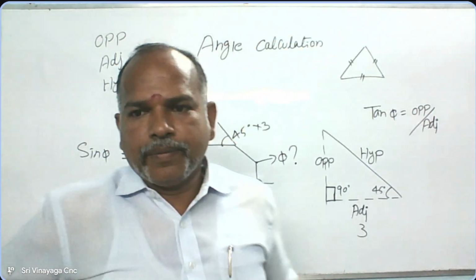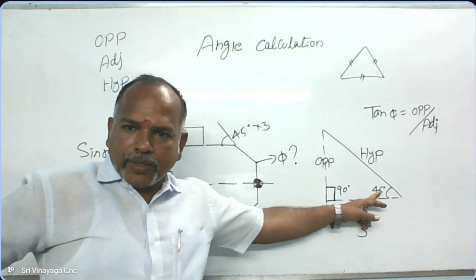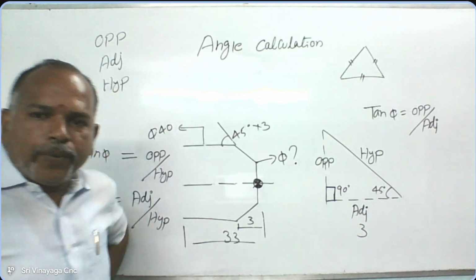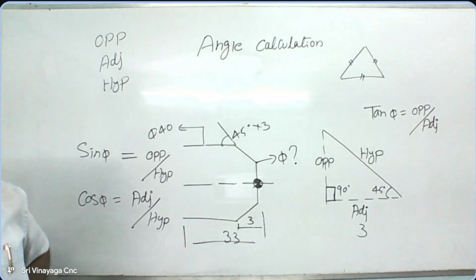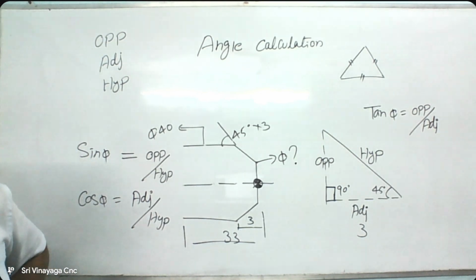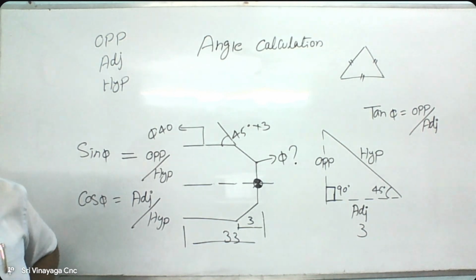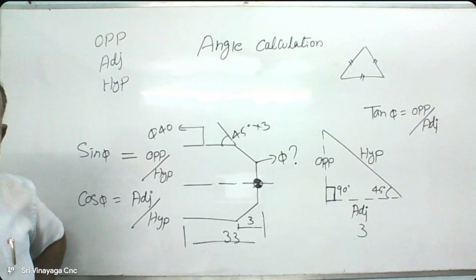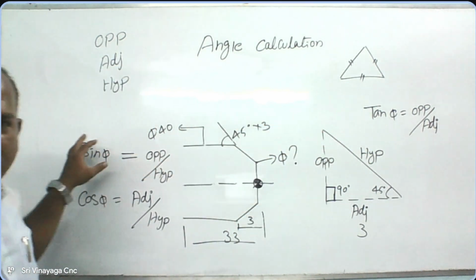We know the adjacent side and we know this theta. We should find the opposite side. We have the adjacent side, but we don't have the hypotenuse. So I think we can use sin, no, the first one, sin.